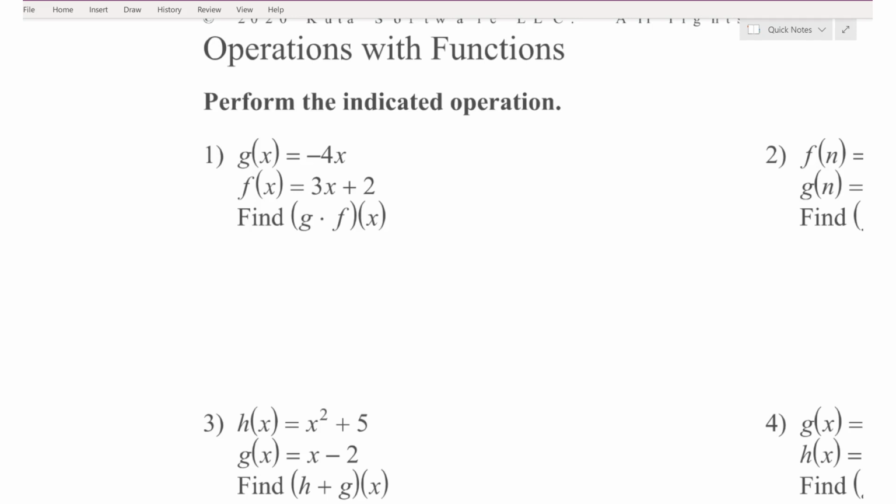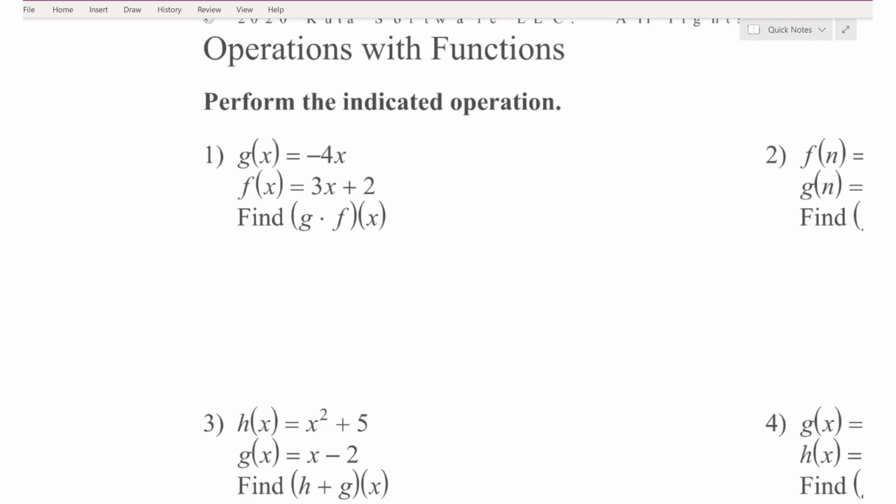This is just additional examples to help you when you do the assignment on Khan Academy. I do want to remind you that you have a test coming up pretty soon, so make sure that you practice.